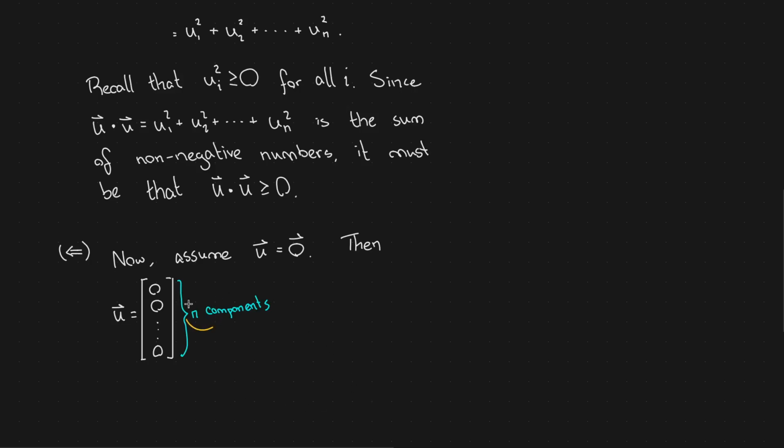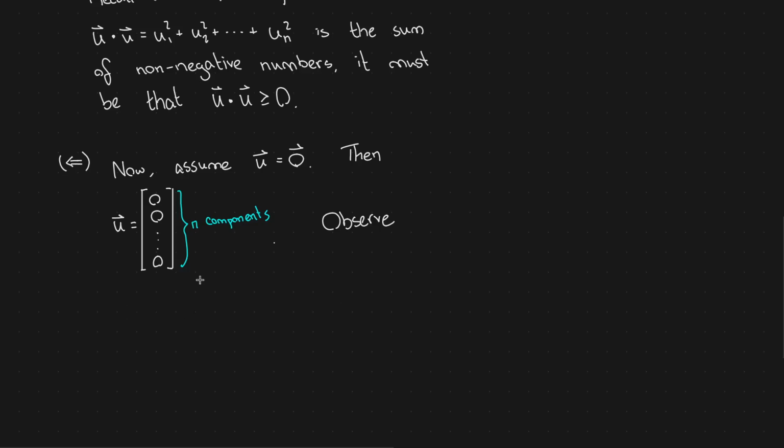So if we need to emphasize how many components we have, we could say it like I do right here. Now I'm going to prove that u dot u equals 0 by just doing the definition, doing the calculation.